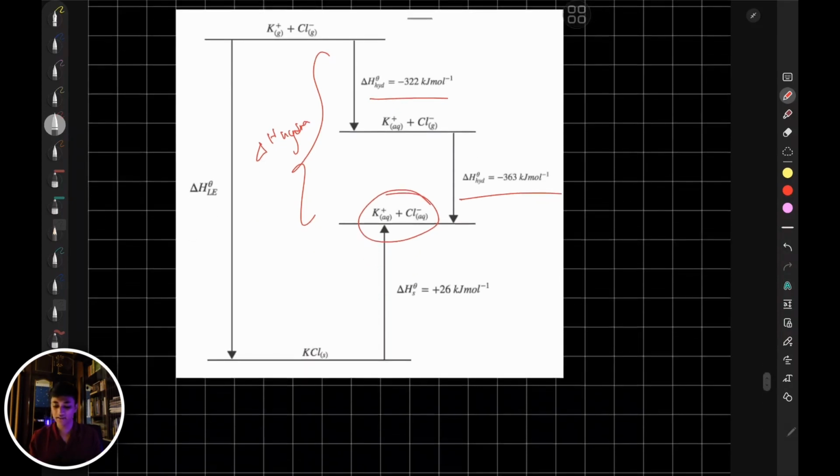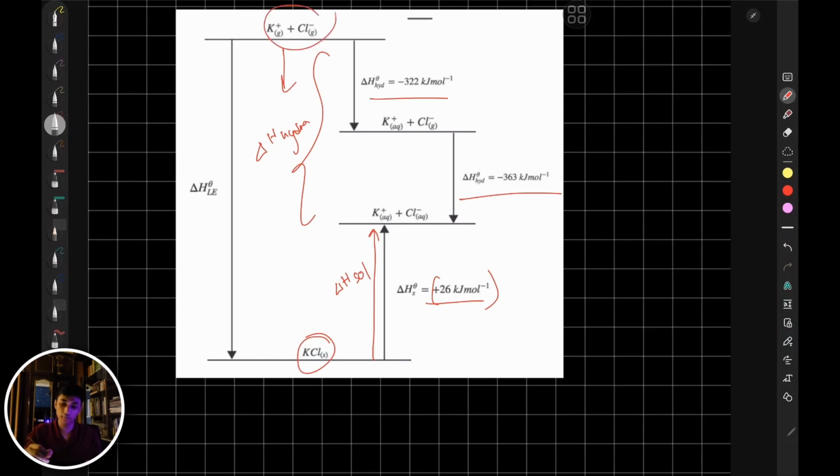Alright, and the other end is the enthalpy change of solution, the direct enthalpy change of solution, where they've given the total value, which is endothermic in this case, plus 26 kilojoule per mole, and they're taking the ionic solid and directly dissolving it and getting the aqueous solution, and this is del H solution.